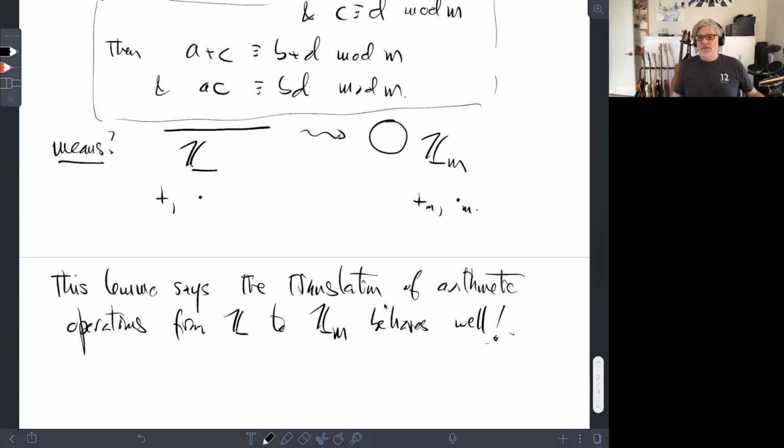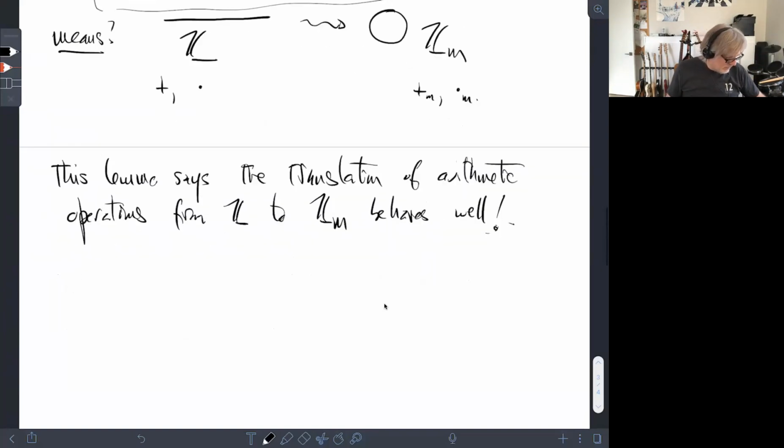It doesn't get all screwed up when you multiply in Z. When you look at what happens in Zm, it behaves the right way in the sense that you can either multiply first, take the remainders, or take the remainders first and then multiply in Zm.